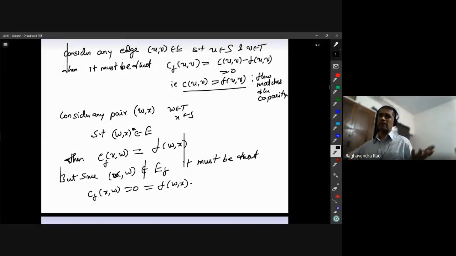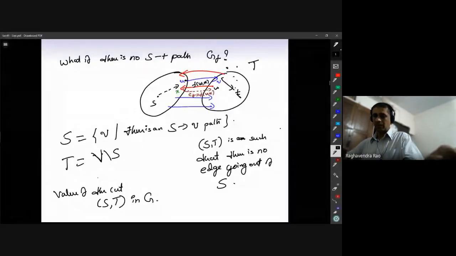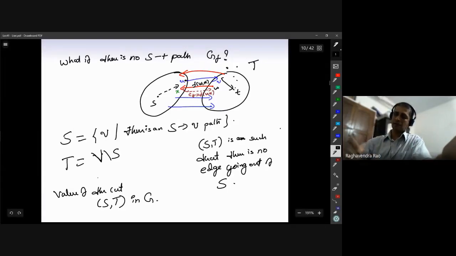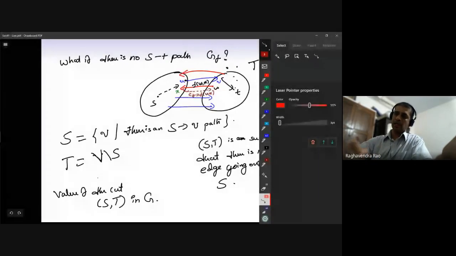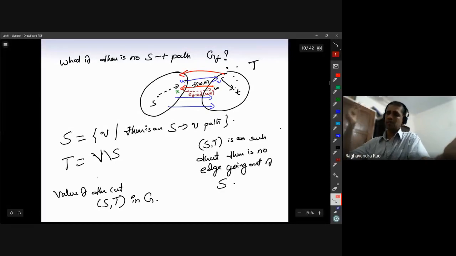So there are two possibilities for having an edge from capital S to capital T in GF. One is that the original graph itself had the edge. The other is that the graph had a reverse edge and you are adding the forward edge due to the flow assignment being non-zero. But since this edge does not exist here by the definition of S and T, the flow assignment to this edge, if at all it were there, must be 0.